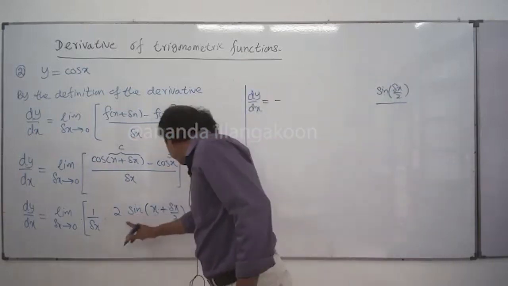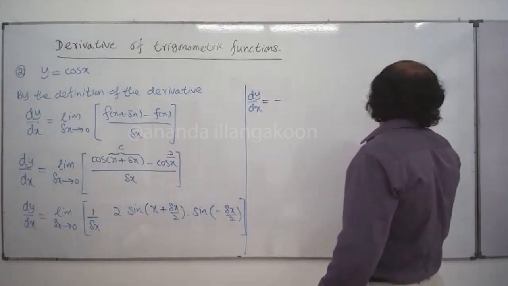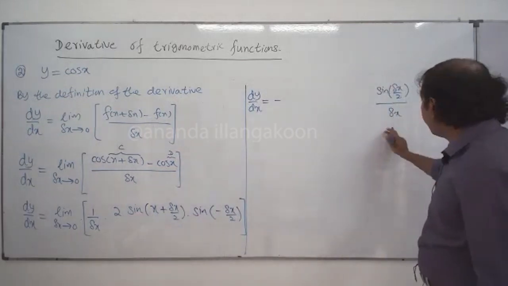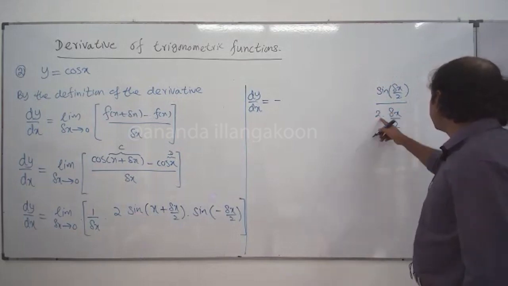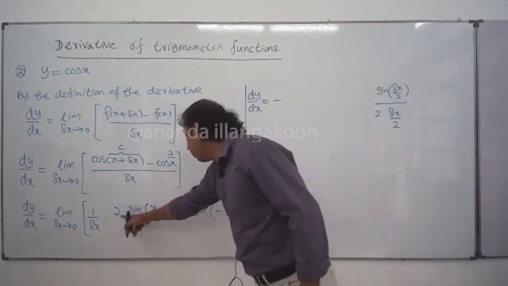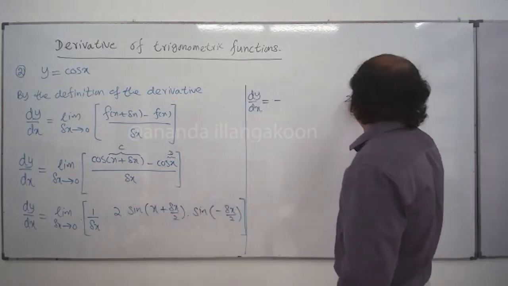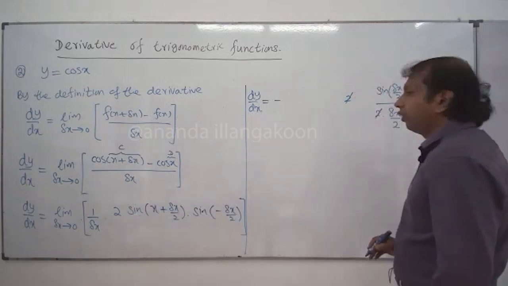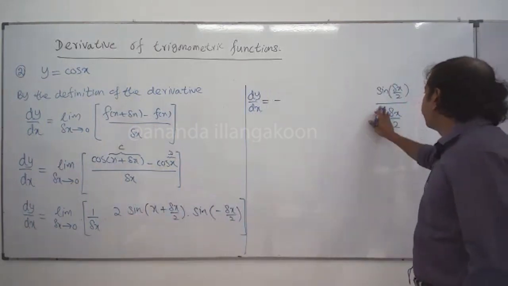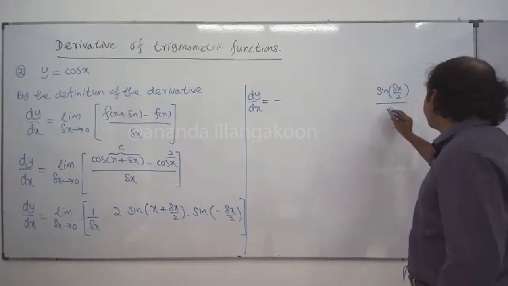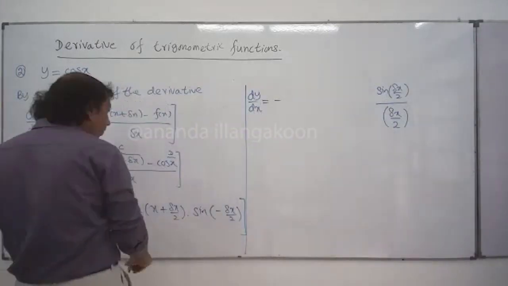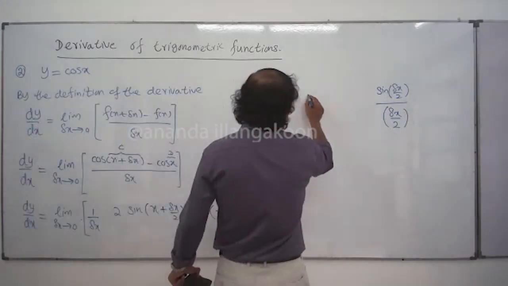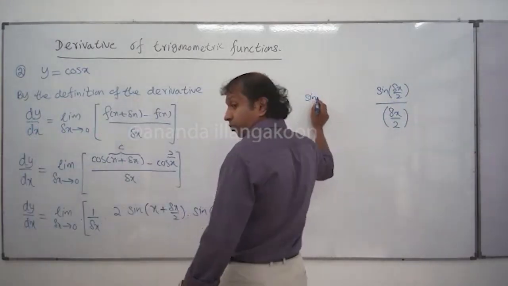Now this delta x I can bring below the sine. Now people, as before, we here divide by 2. Don't write this on, people, now. And here 2 I write. This 2 will cancel off. And another 2 here we have now. That 2 when I write here, this 2 will cancel off. This is what we get finally. Then here we have sine (x plus delta x by 2).